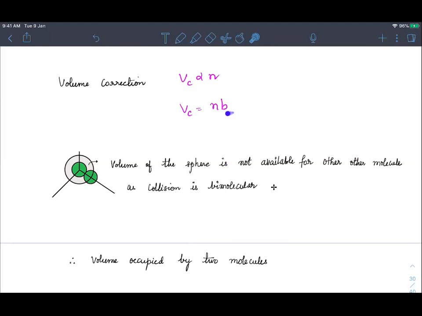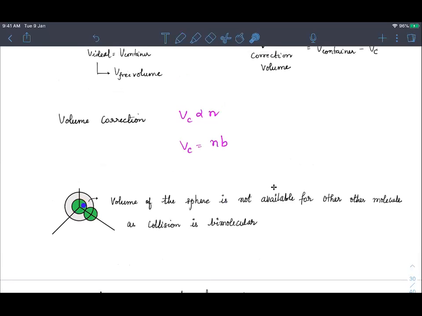Now to calculate the value of b, remember this way: the volume of a sphere is definitely not available for the other molecules to hit, as collision is bimolecular. Which means if this is one particle and the other particle is coming and colliding with it, then for any third particle, this entire volume would not be available during this collision. This collision can happen from any of these directions.